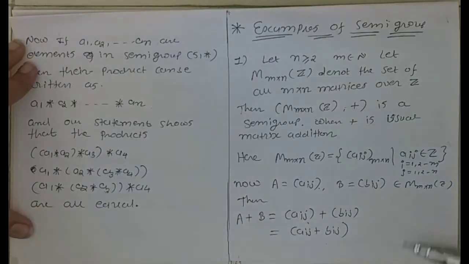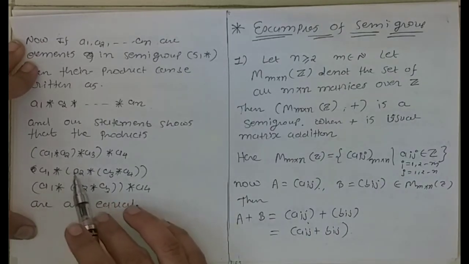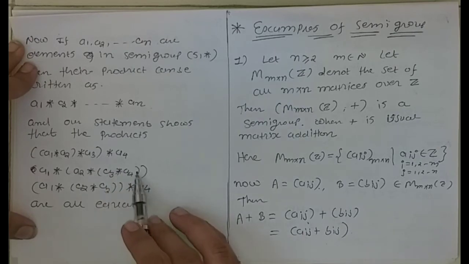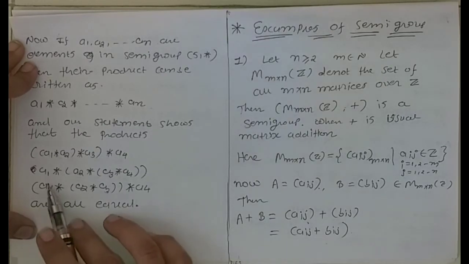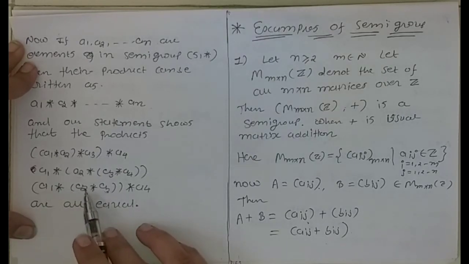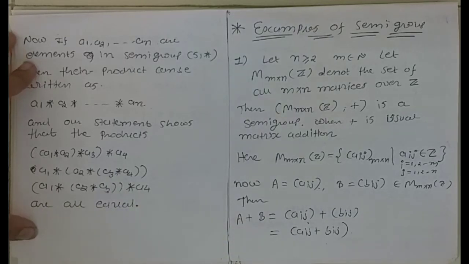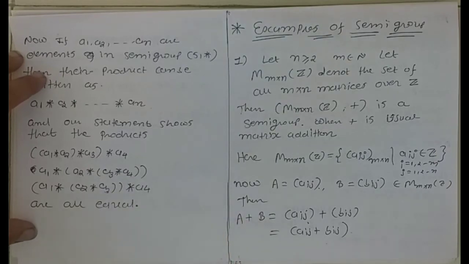There are 4 symbols, a1 a2 a3 a4. Then a1 star bracket a2 star bracket a3 star a4 bracket over and main bracket over. Similarly a1 star bracket a2 star a3 bracket over, main bracket over, star a4. Okay, these all products are equal.